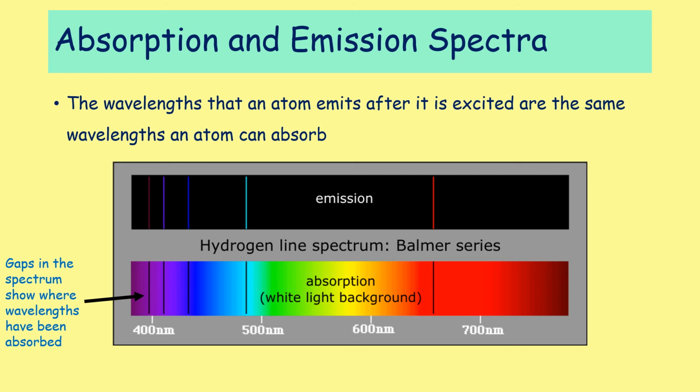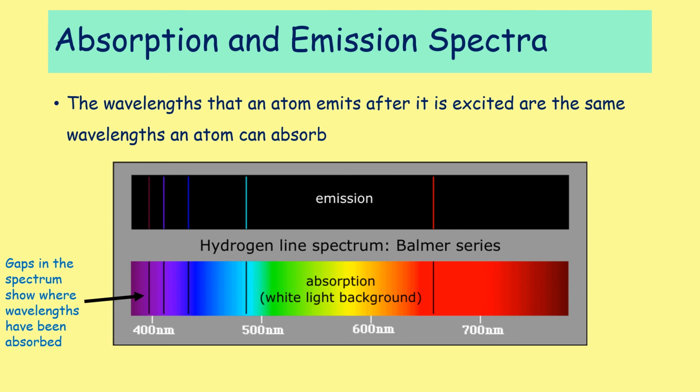When we look at an emission spectrum, we are looking at the beams of light or the photons or colors of light that are given off by the sample. This means that we will only see color at these lines and everything else will be black. In an absorption spectrum, what we would do is pass white light, which has all the colors, through an atom, and then use a spectrometer to spread that light out.